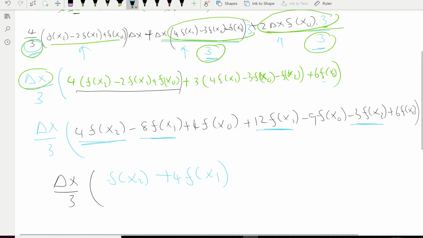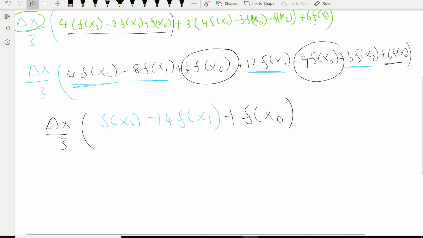Okay, yes, 4f(x1). And then the x naught terms will give us 4f(x0) minus 9f(x0) is minus 5f(x0), plus 6f(x0) will give us f(x0). Okay. All right, so this is the formula.